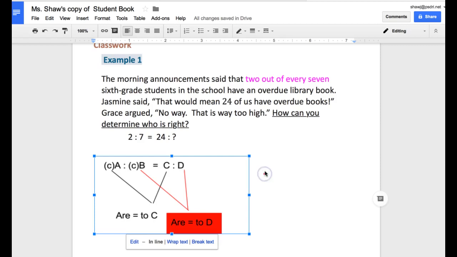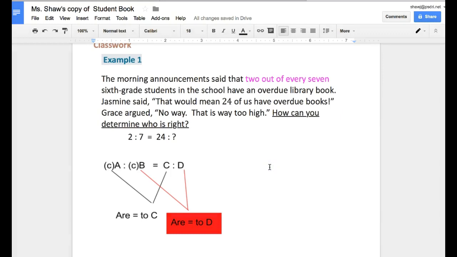So let's see if we can come up with what we mean here. If we have a number, let's get a good number here. The number 4 to 5, so 4 to 5, and we multiplied 4 by 2.